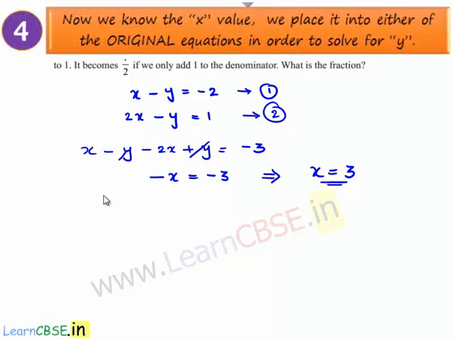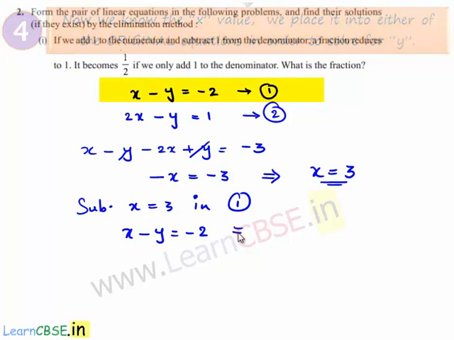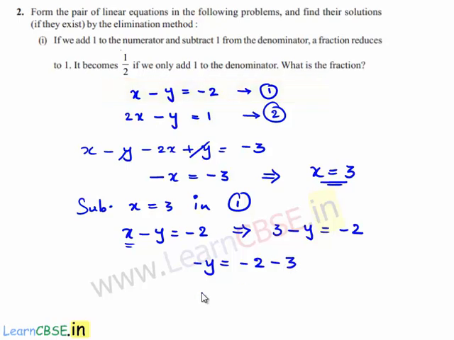So let us substitute x is equal to 3 in equation number 1. Substitute x is equal to 3 in first equation. X minus y is equal to minus 2 implies, in place of x we can put 3 minus y is equal to minus 2. So minus y is equal to minus 2 minus 3, which is nothing but minus 5.